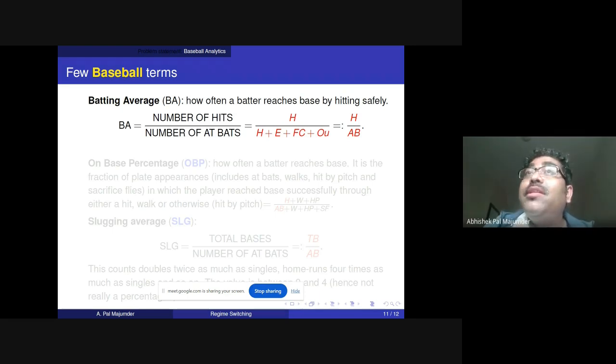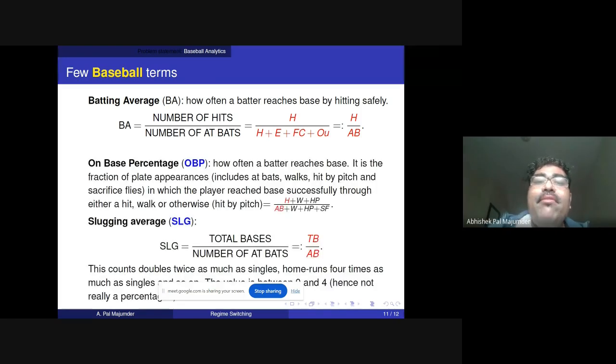What Paul De Podesta did was that instead of this batting average, he used two particular metrics, on base percentage and slugging average. Let's see what the on base percentage is. It is the ratio of how often a batter reaches base. The efficacy of a baseball batter is measured not only by how much he can hit, but also by whether he can reach the base, which depends on two quantities, W and HP.